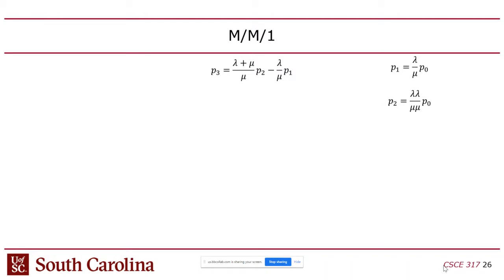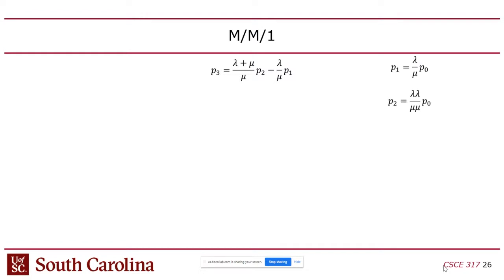So we set n equal to 2. Now we have p3 equals lambda plus mu over mu p2 minus lambda over mu p1. We have the p1 and p2 values as a function of p0 from the last slide, and we substitute in both of those.